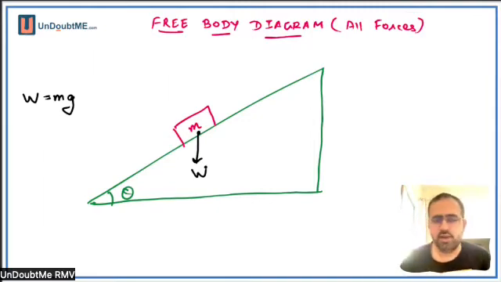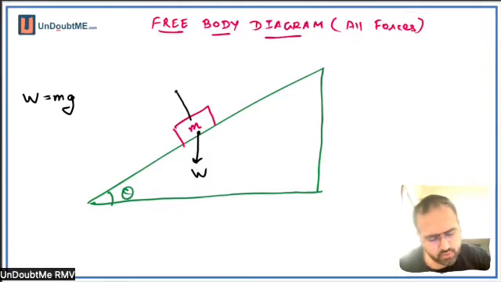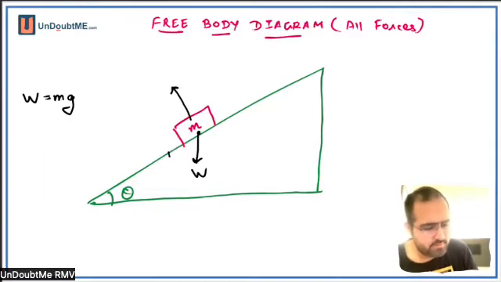Weight always acts vertically downwards. So whether you are standing on a horizontal ground or on an inclined plane, it doesn't matter. It will be vertical only. But the reaction force of this green plank on the block will always be perpendicular to the surface.